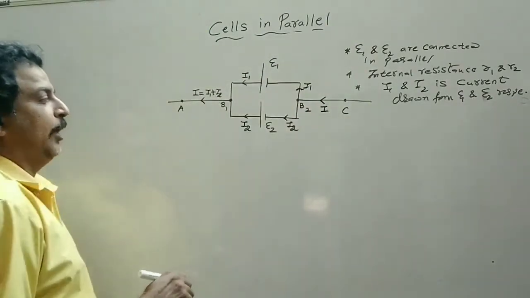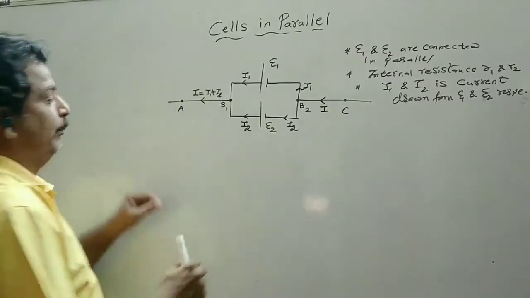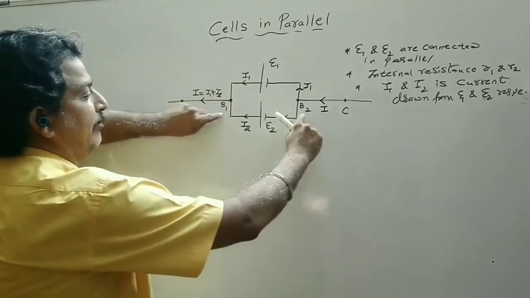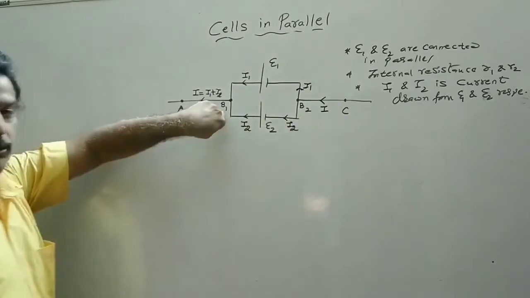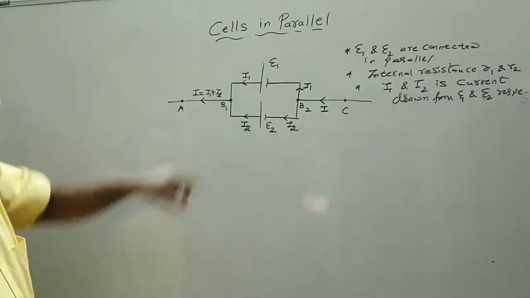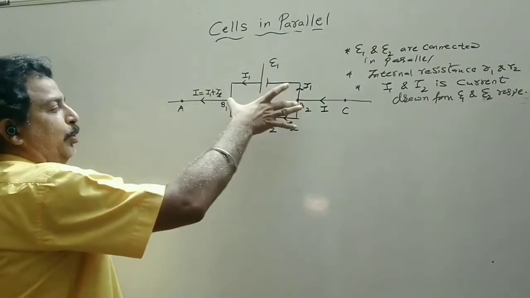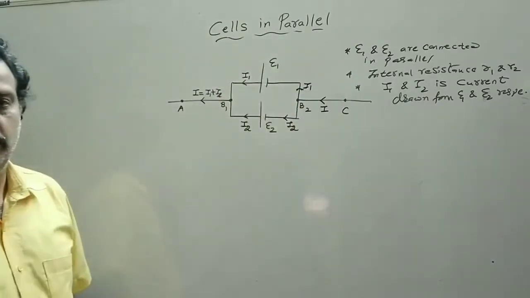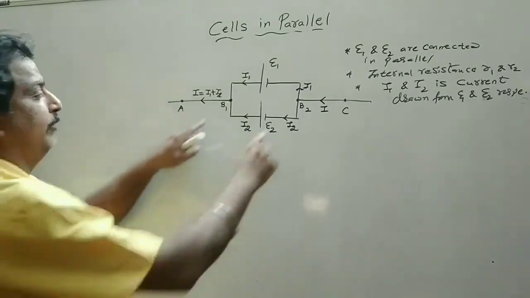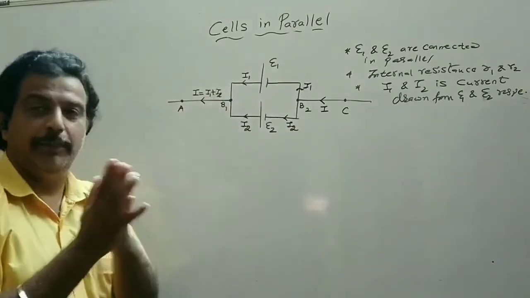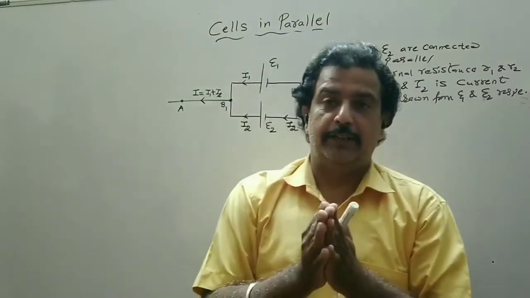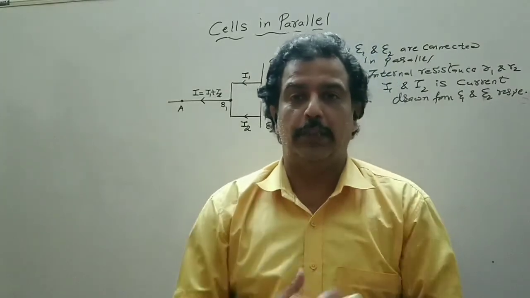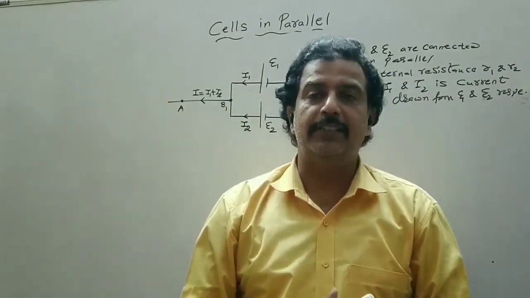Now find the terminal potential difference between points B1 and B2. Both the cells have a common point B1 and B2. It means the potential difference, or we also know that the potential difference in a parallel combination remains the same.